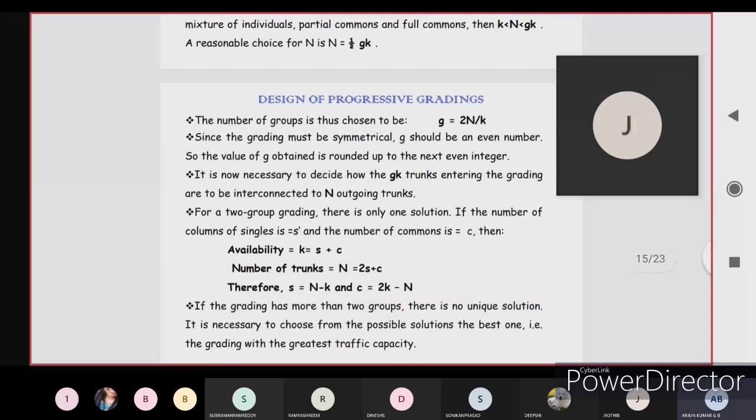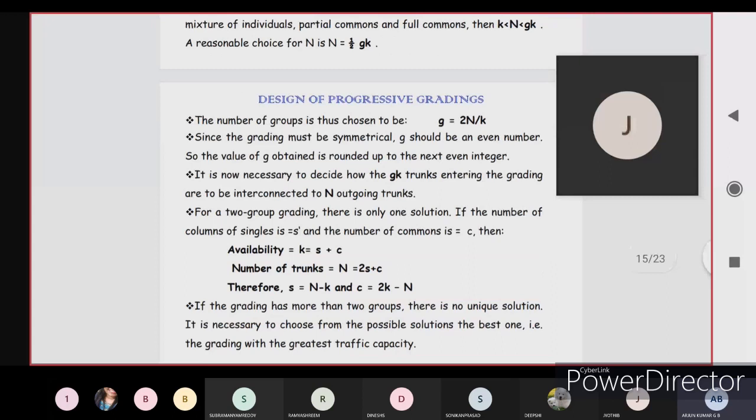Since the grading must be symmetrical, the grading should be an even number, not an odd number. So the value of g obtained is rounded to the next even integer.